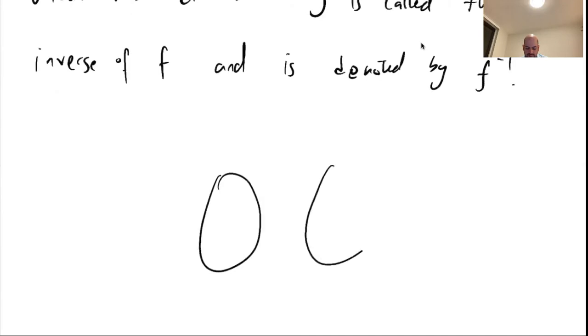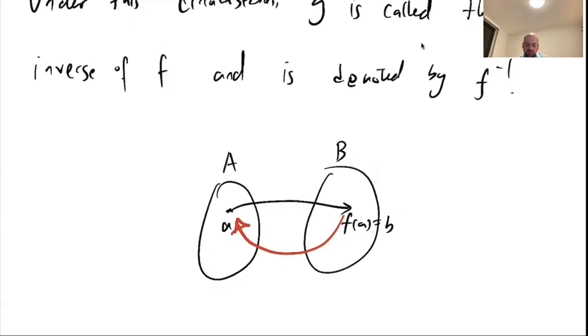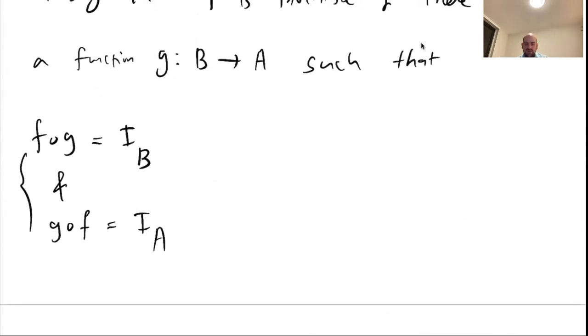So if I want to show you what happens, let's say you have A and B, and you have a, and here you get f of a, let's say small b. But now if you compose this with f inverse, you get the original input back. So an invertible function means there is a function g that, when you connect it with f, is a connection of two machines, right? When you connect them together, at the end they act like nothing.